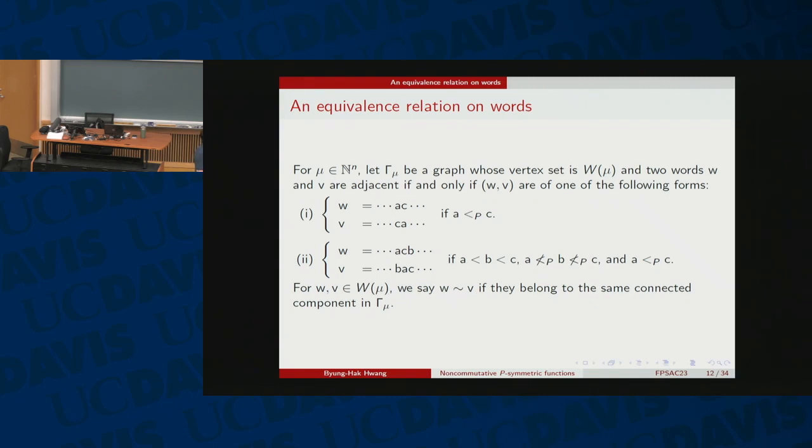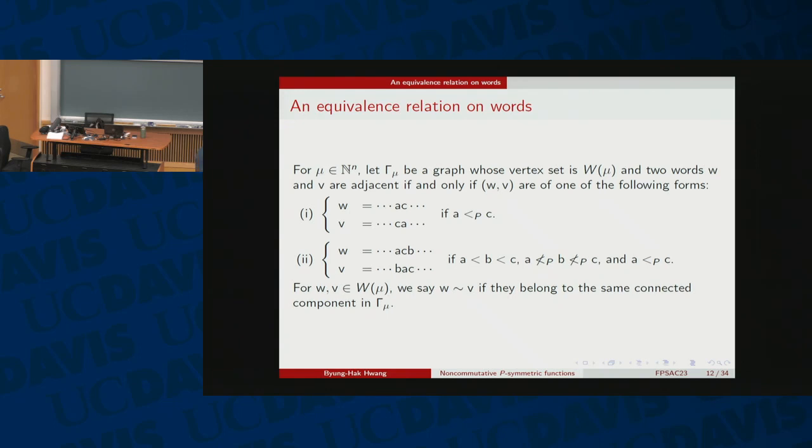Given a non-negative integer sequence mu, let gamma sub mu be a graph whose vertex set is W of mu, and two words W and V are adjacent if and only if they are of one of the following forms. The first case is that W and V are identical except for two consecutive letters, and the letters are comparable in the poset P.